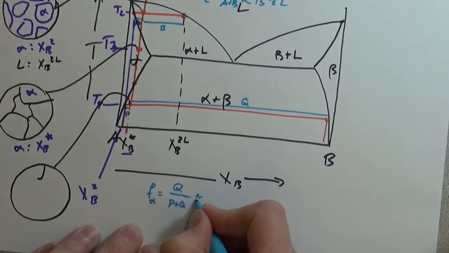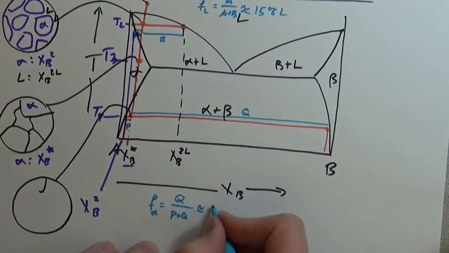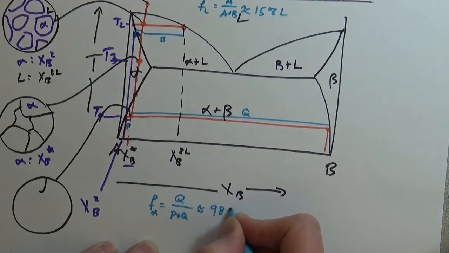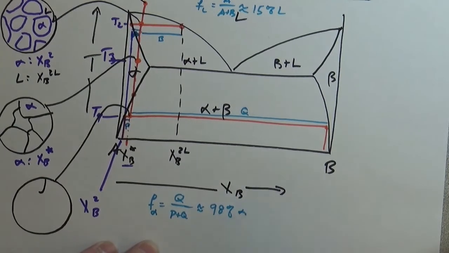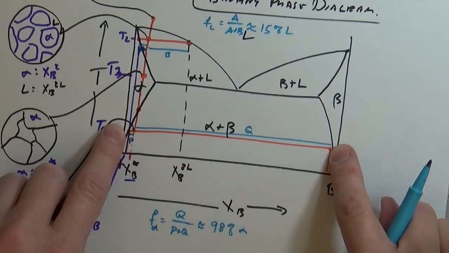And that looks like, it must be around 98% alpha. And then that means it's about 2% beta.